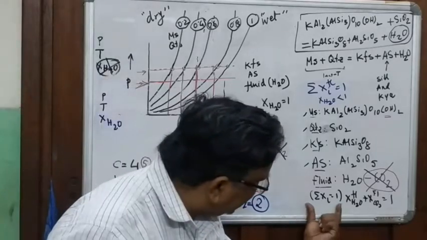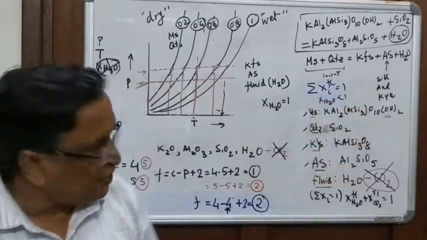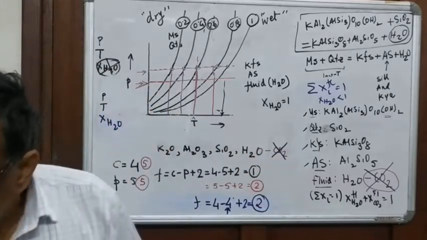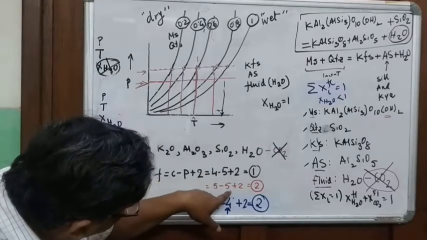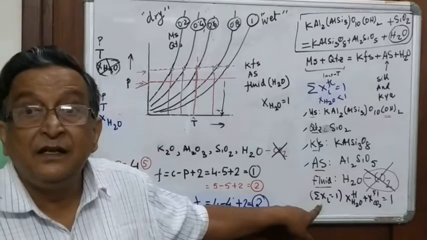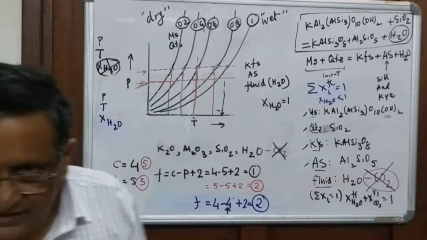Phase means this. No phase means this. So here, the number of phases are 4, not 5. Like we did here, because fluid is present as a phase. Here, fluid is not present as a phase.